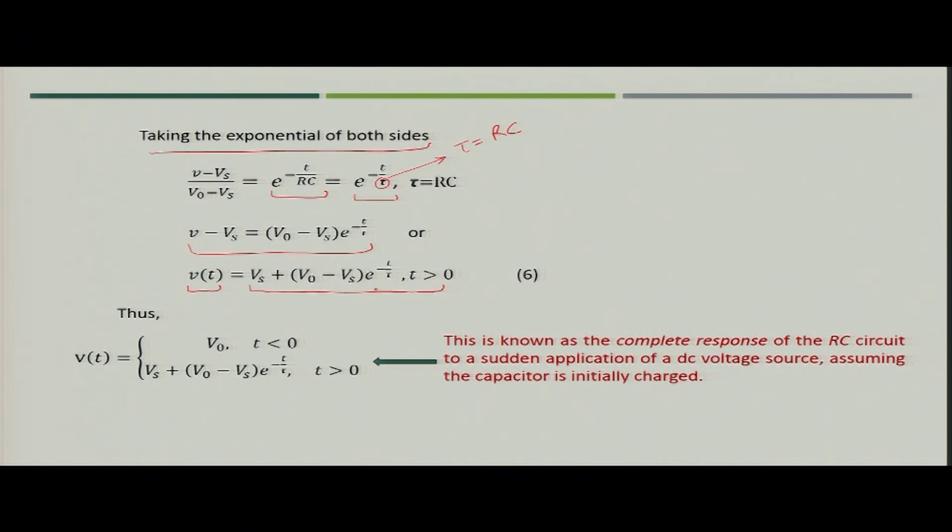Now, this condition is valid only for time t greater than 0. For time t less than 0, the value is equal to the initial voltage across the capacitor, that is V naught.